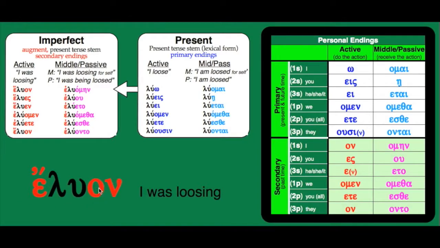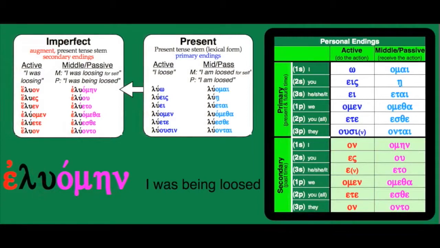And then the on tells you that we're imperfect here. Elu on means I was loosing. And then if I want to make this past time passive voice, I use the ending amen. Again, because it's past, we have the augment. And then because it's passive, we have this amen ending. Elu amen. I was being loosed.